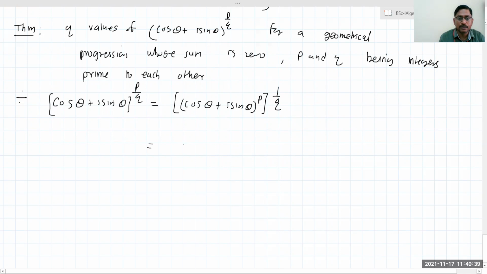When you take a power you can have only one value, no need to write the principal value of theta, but when you take a root you will get a total of q values. Among the q values, one value is cos p/q theta plus I sin p/q theta, that we have already mentioned in De Moivre's theorem. So while applying De Moivre's theorem, we have to write the general value of theta, so p theta plus 2k pi.